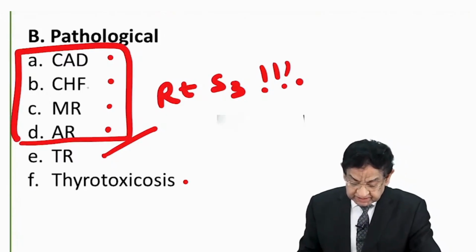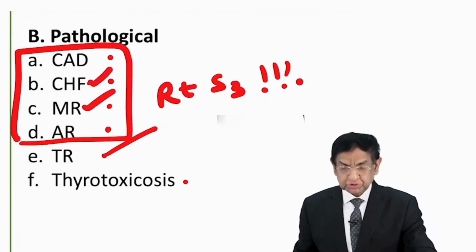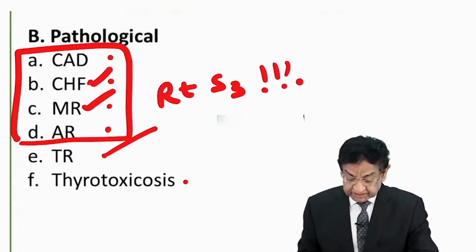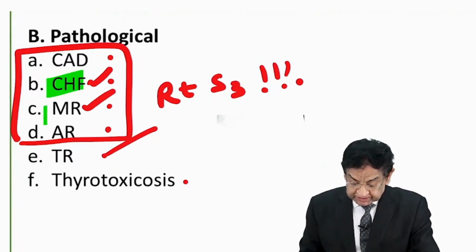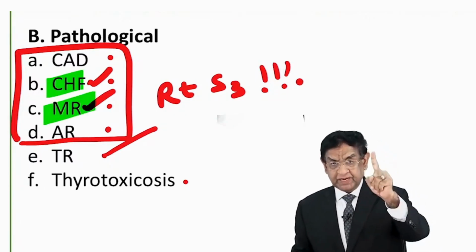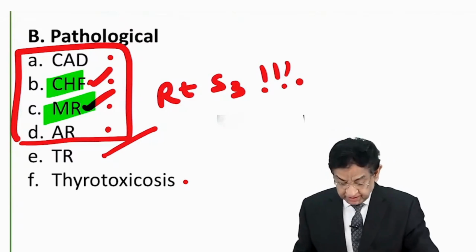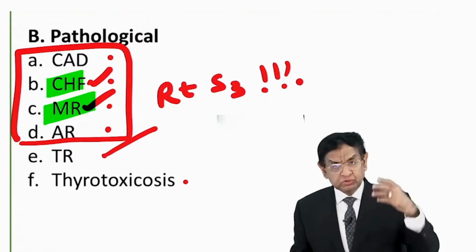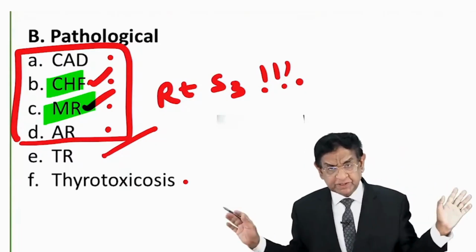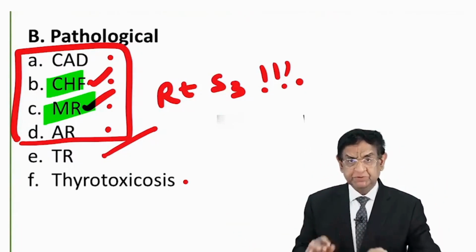Out of these, the two most important and frequently asked are congestive heart failure and MR. You cannot afford to forget these. Of course, there are many other conditions also. It can be heard in so many conditions, but the list is huge. But you don't have to forget these two.